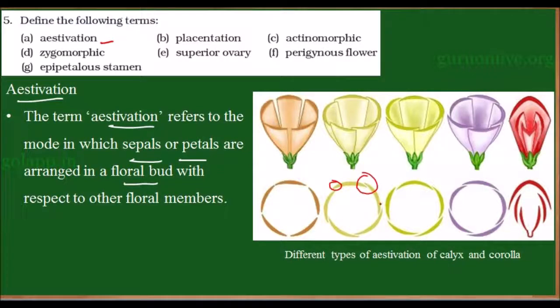Similarly, in every petal, one end will be outside, the other end inside. In the third case, there is one petal which is completely inside, one petal which is completely outside, and the other three petals are overlapping. One end is outside and the other end is inside. Like this, the arrangement of sepals and petals in a floral bud is called estivation.